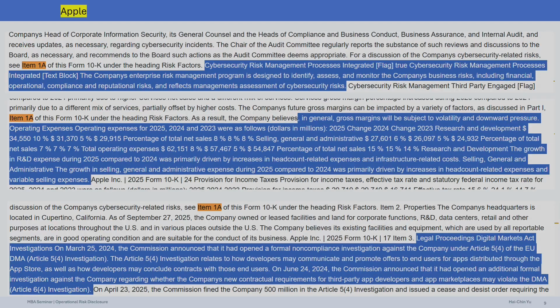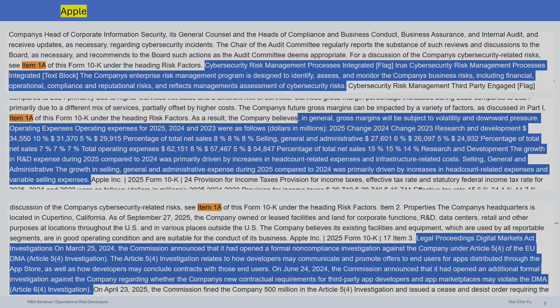The first section is about cybersecurity risk management. So your model might read these sentences repeatedly, and it might attribute this cybersecurity risk to technology, like that. And continue to read.